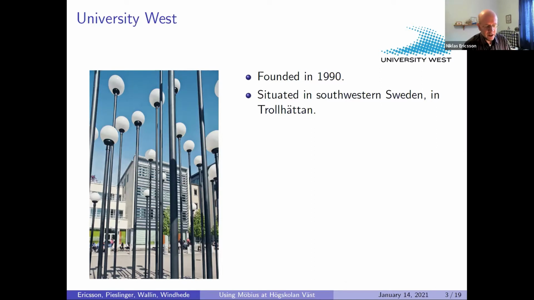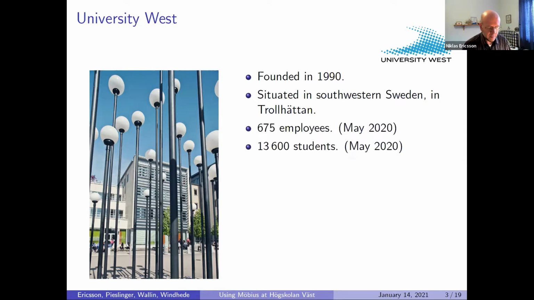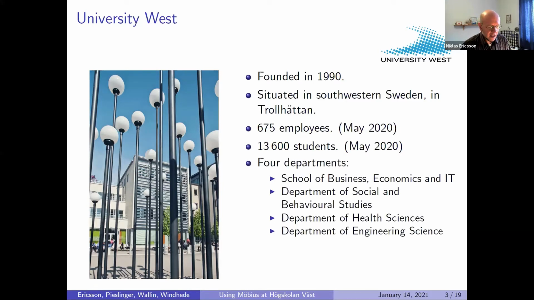Maybe some of you know about the Swedish automobile manufacturer Saab that used to be located in Trollhättan. Here is the number of employees, around 700 last spring, and the number of students, 13,600. There are 4 departments at our university, and Erik, Jens, Michael, and myself, we belong to the Department of Engineering Science.